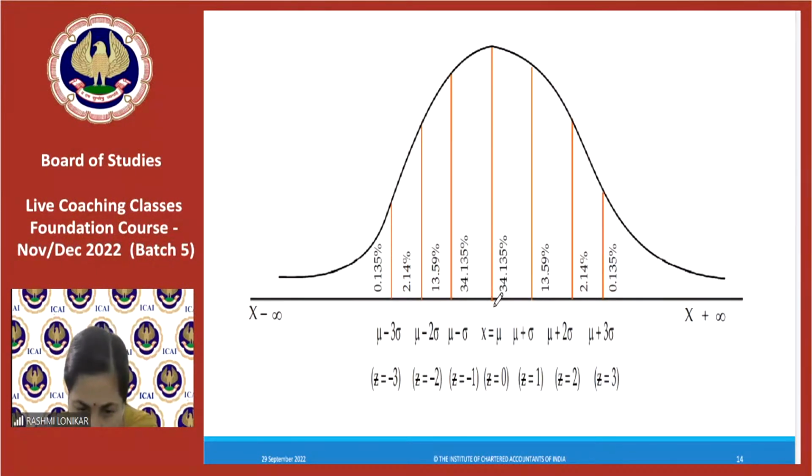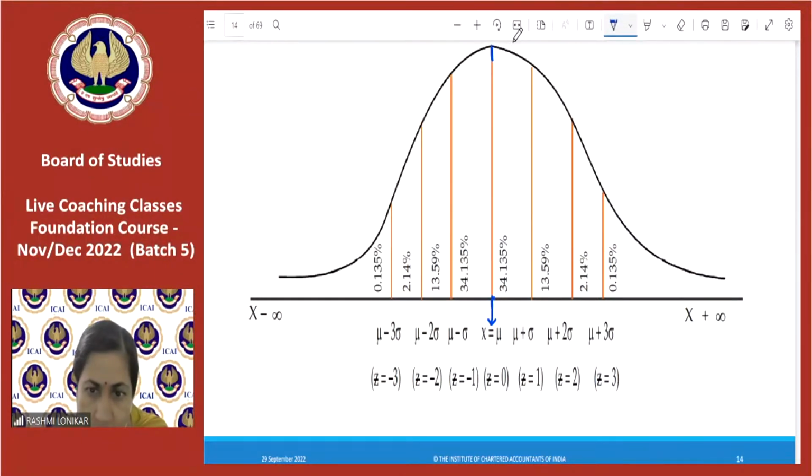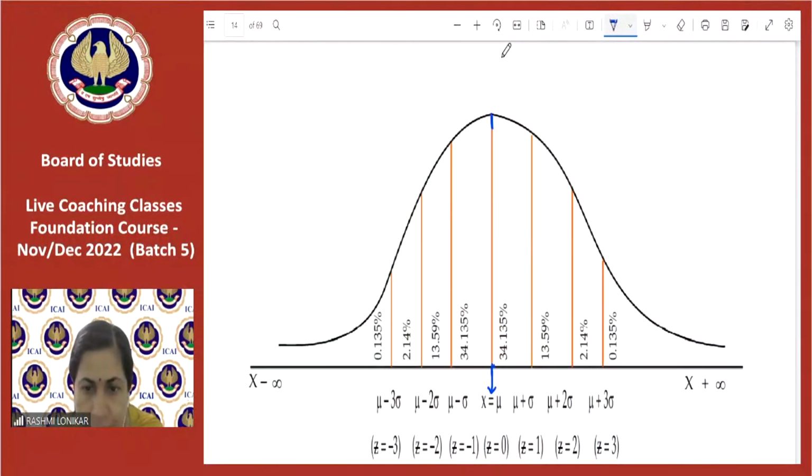Now, this is also a very popular question for theory as well as practical: area under the curve. Now, this is my point, x is equal to mu. And this line divides the curve into equal parts.